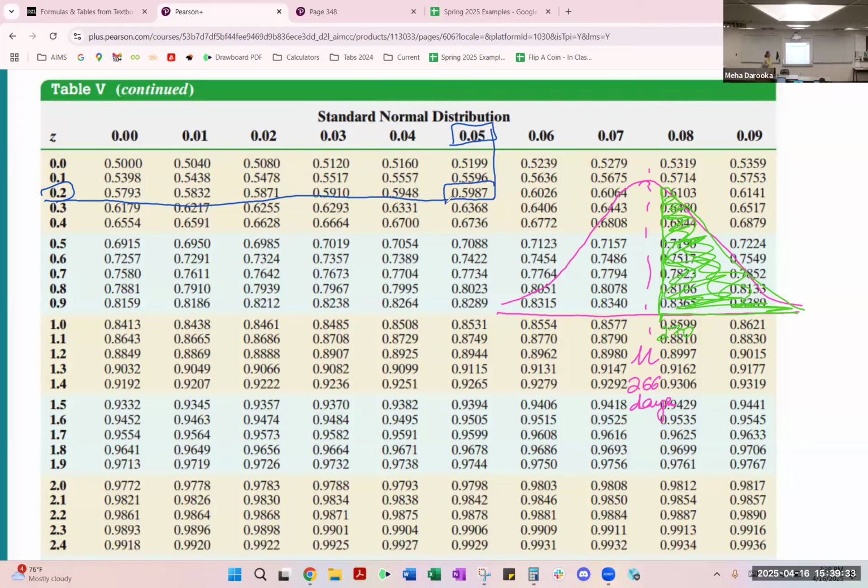You can see it's intersecting at 0.5987. Since you were not here last time, just to remind you, the table always gives you the area on the left-hand side of the z-score. So whenever you are being asked to find more than, remember, we need to do the complement rule. So I'm just going to write that 5987 here.